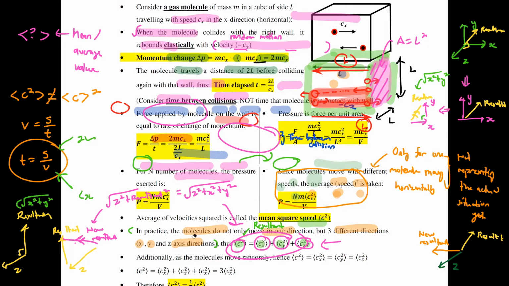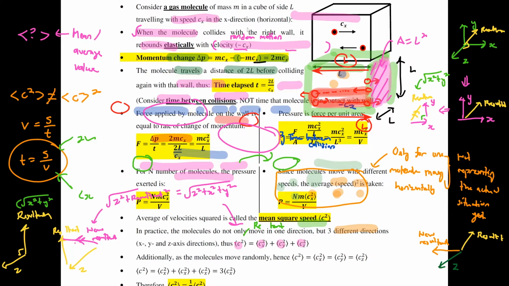That is the only conclusion that you need from here. Okay, so just take it as it is now. You don't need to worry about how you get that. So you will get this resultant mean square speed is the same as the sum of mean square speed in the x plus y plus z direction. Okay, this is one thing you have.